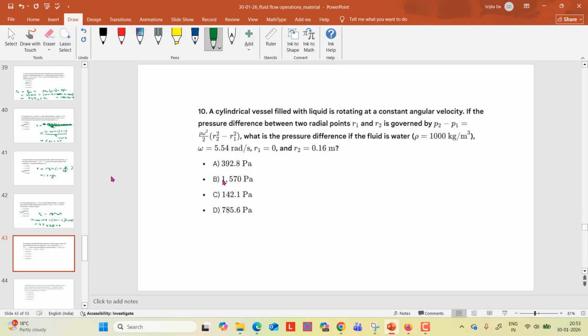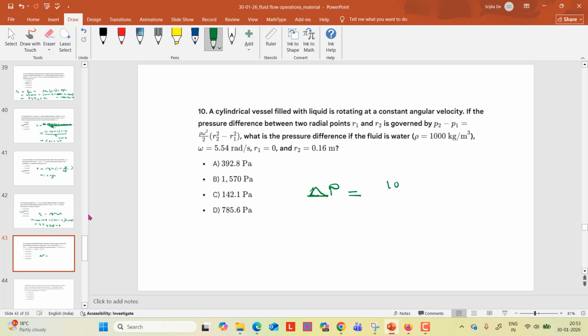Next, a cylindrical vessel filled with liquid is rotating at a constant angular velocity. If the pressure difference between two radial points R1 and R2 is governed by P2 by P1, what is the pressure difference if the fluid is water? So delta P, the equation is already given, you have to calculate only. So just put the values.